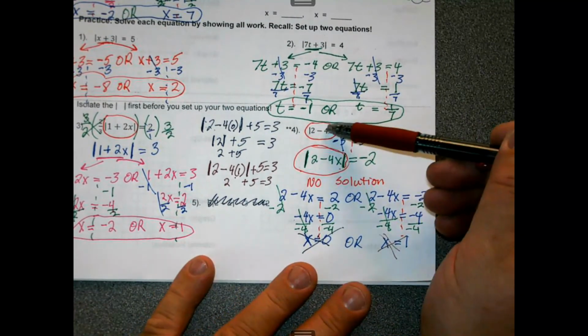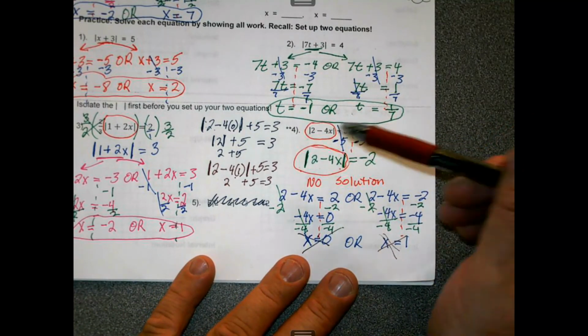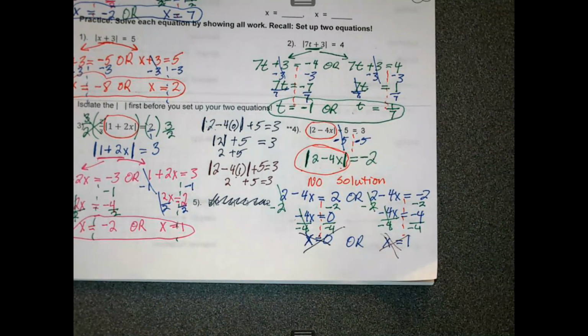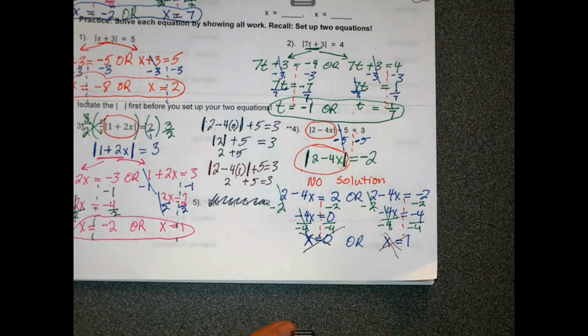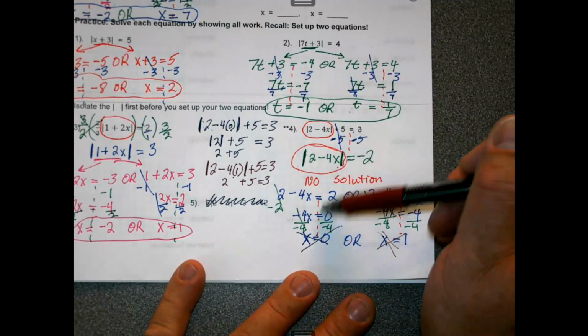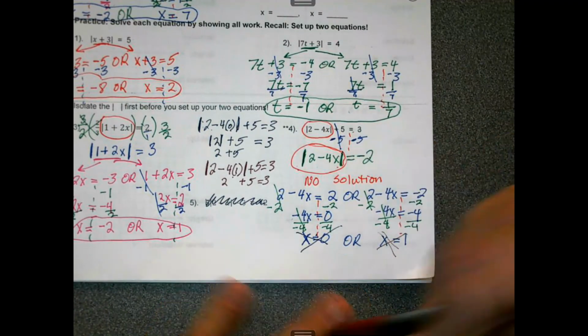Remember, anything coming out of absolute value bars is going to be positive. And if I add 5 to it, can it ever equal 3? Can a positive number plus 5 equal 3? Ever? No. So right off the bat, I could have saved all this time if I would have recognized it.